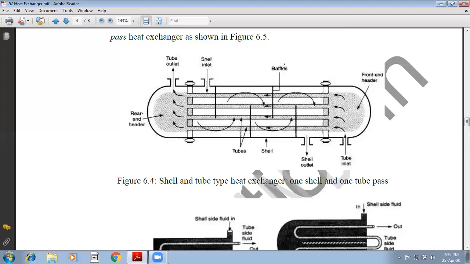They are called as baffles. These baffles are used in order to increase the turbulence, which in turn increases the retention time. It means the time of contact between the cold fluid as well as hot fluid will be more. As a result, it will increase heat transfer.